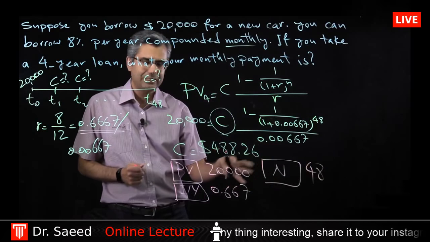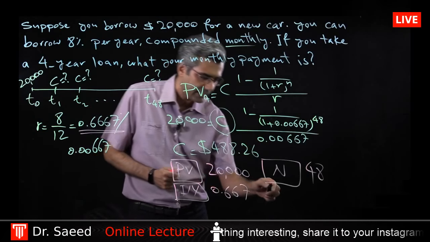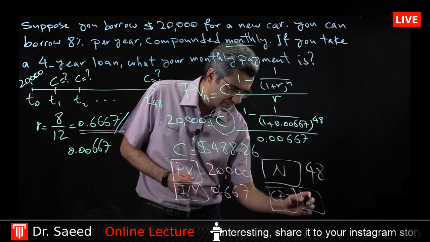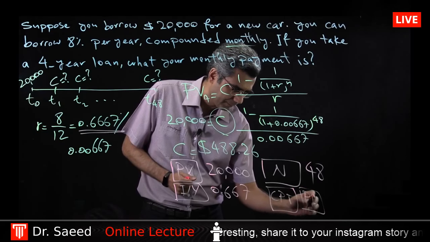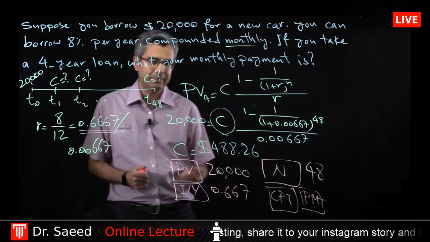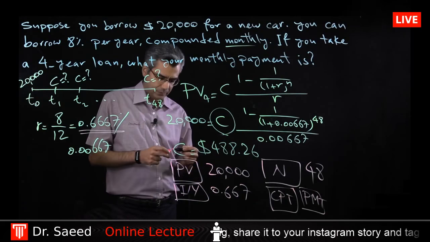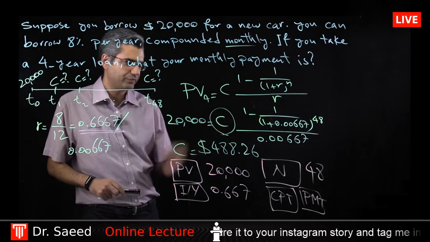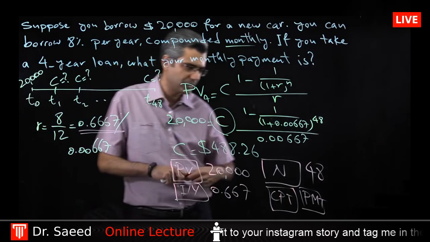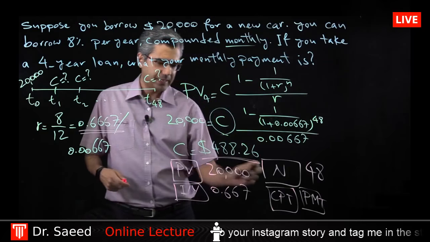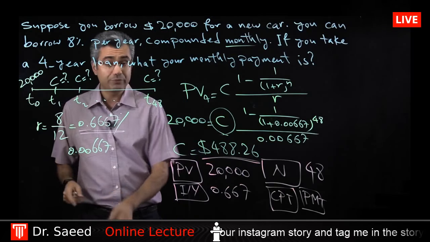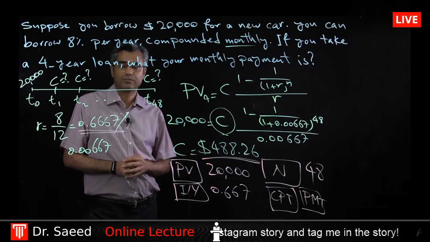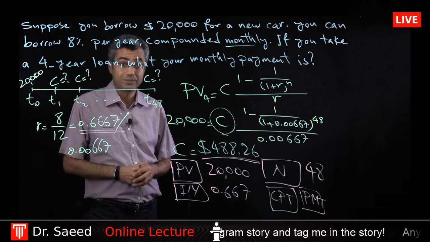We already entered these 3, and then press CPT, then press PMT. PMT means payment, the fixed payment that you need to pay, the same cash flow. If you do the calculation, you will get the same answer. For more information about the financial calculator, refer to the video on the financial calculator Texas Instruments BA II Plus.